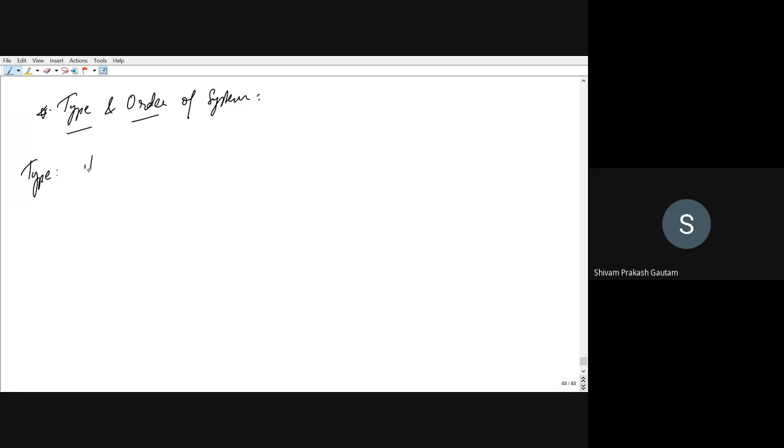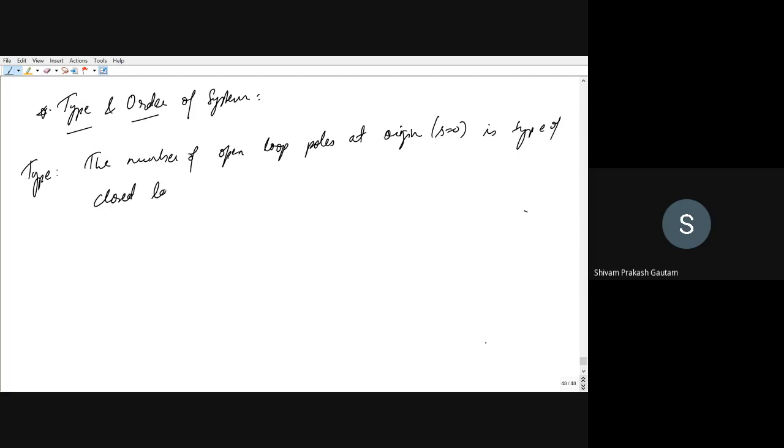Type is the number of open loop poles at origin. The number of open loop poles at origin, that is s equal to 0, is the type of the closed loop system.